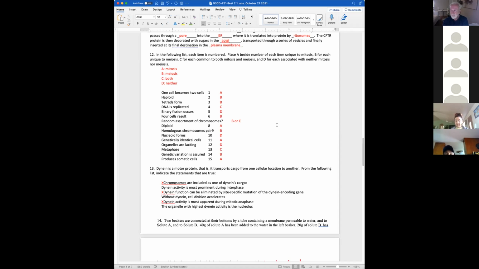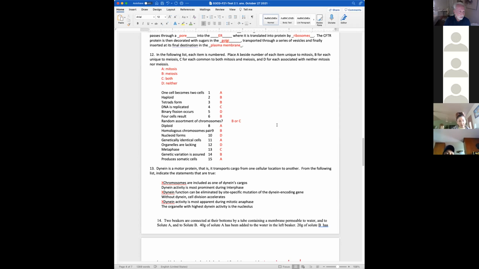So does anybody have any questions about this? I have something that I noticed, which is, on this one, I have a 12 out of 15. So I assume each of these is worth 15 points, but number 1 and 2 are swapped. On the test, number 1 is haploid and number 2 is one cell becomes two cells.